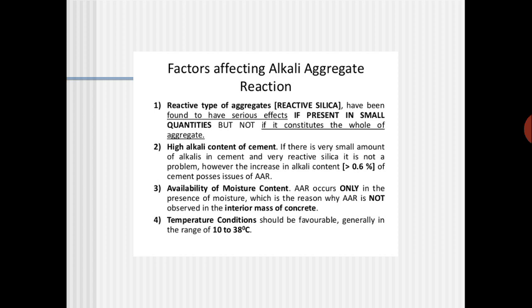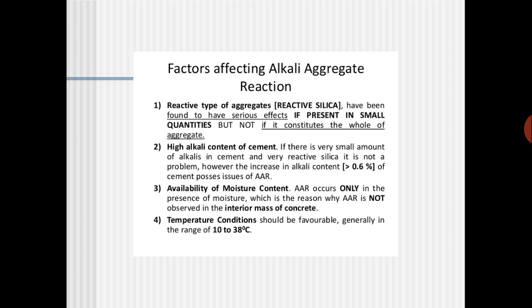High alkali content of the cement. If there is a very small amount of alkalis in the cement, or very reactive silica, it is not a problem. However, an alkali content of more than 0.6% of the cement is the issue for AAR. Of course, this alkali, as I already said, is with respect to the silica.